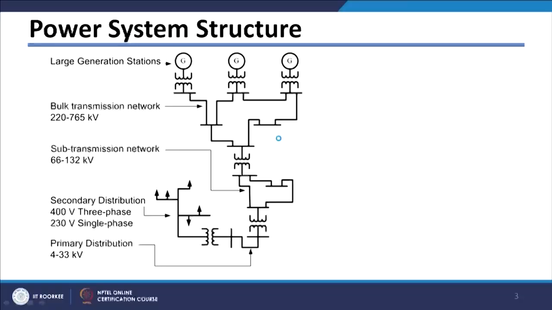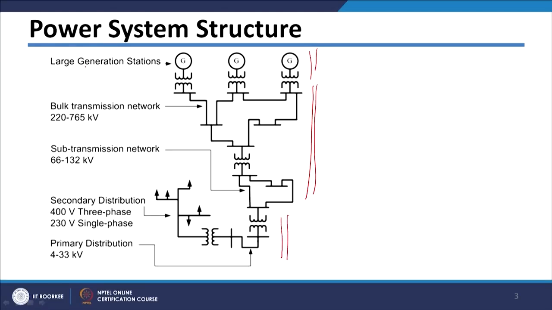As we have studied in our undergraduate courses, the power system can be divided into three parts, that is generation, transmission and distribution. If you see this figure, generation is shown here, this is your transmission layer, and this is your distribution part.